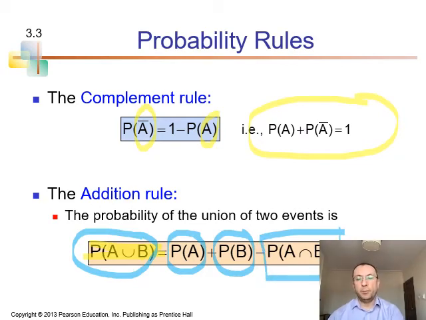Now you might be wondering why we have a minus here, A intersect B. Because this is common in both A and B. So if we do not subtract this number, we will be double counting it. We want to count the intersection only once. That's why we are subtracting the probability of the intersection.